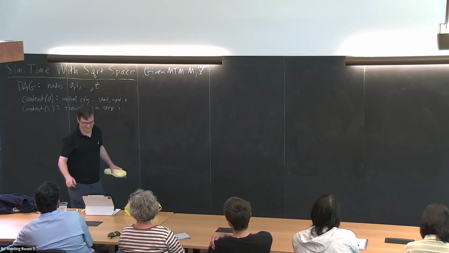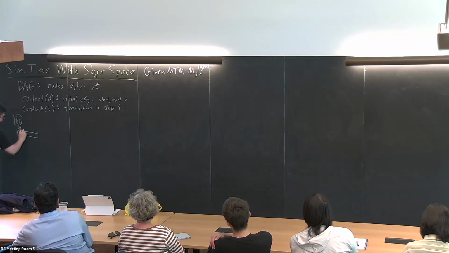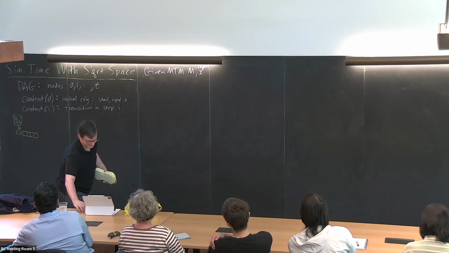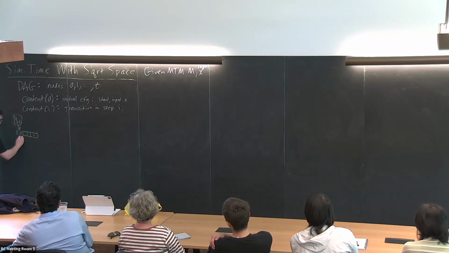I have a little example to try to illustrate what I mean. Very little example. Let's say I'm reading 3 cells, and in step 1, I move here. Let's say I overwrite with 0. Step 2, I move here. Step 3, I move here. Step 4, I move here.